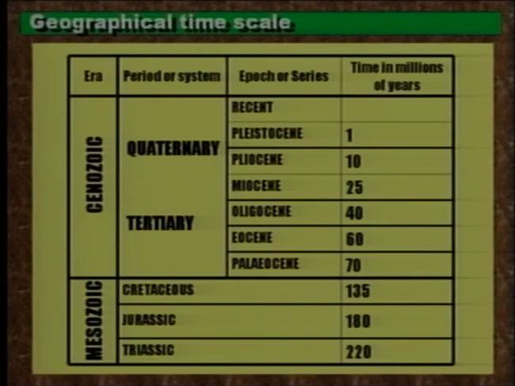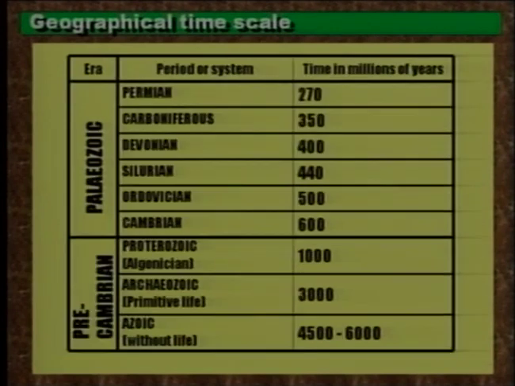The first column shows us the era. The second column represents the period or system, and the epoch or the series. And the third column shows us the time which is actually involved in the formation of those different events and also landform features that we are going to study in our work on physical geography.